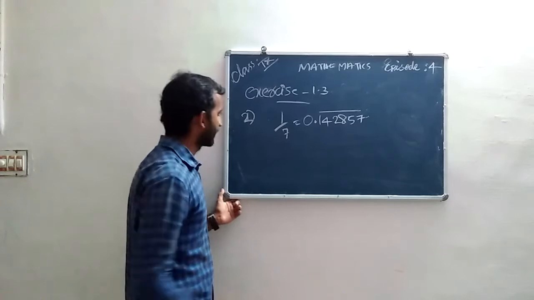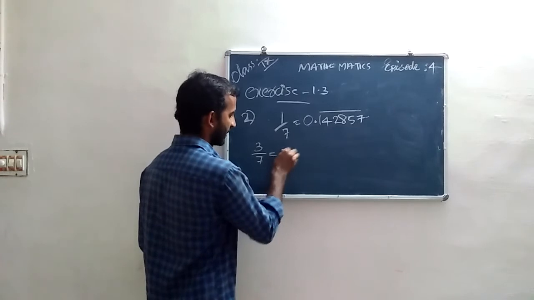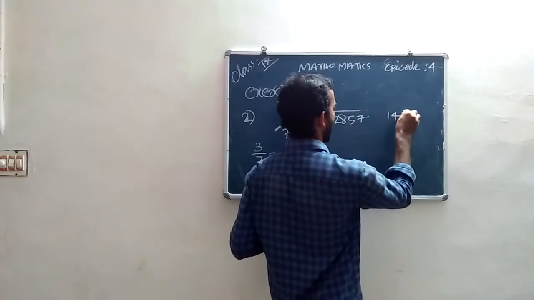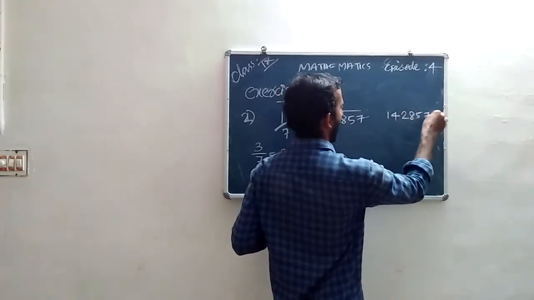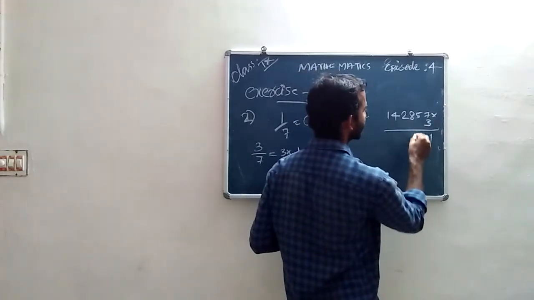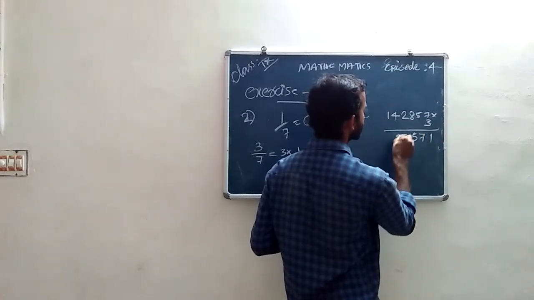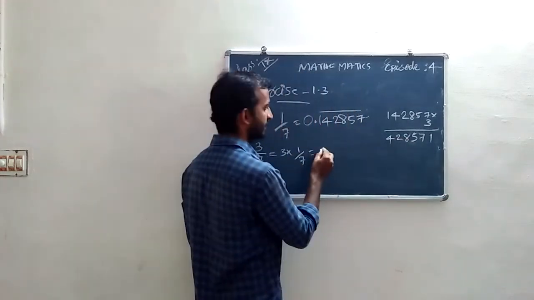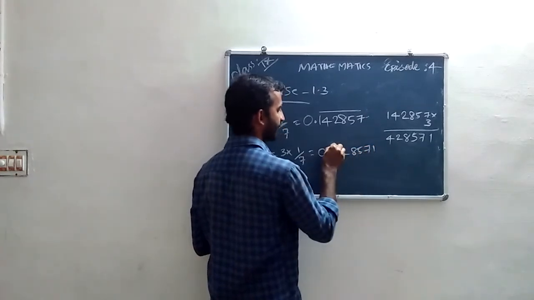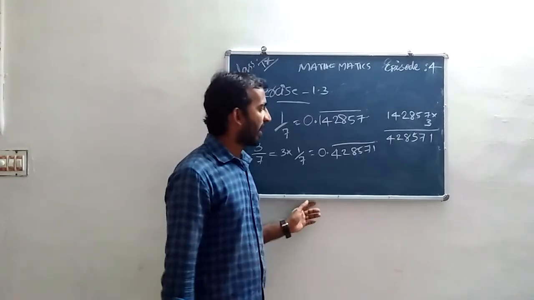In the case of 3 by 7, 3 into 1 by 7, we get 0.42857.